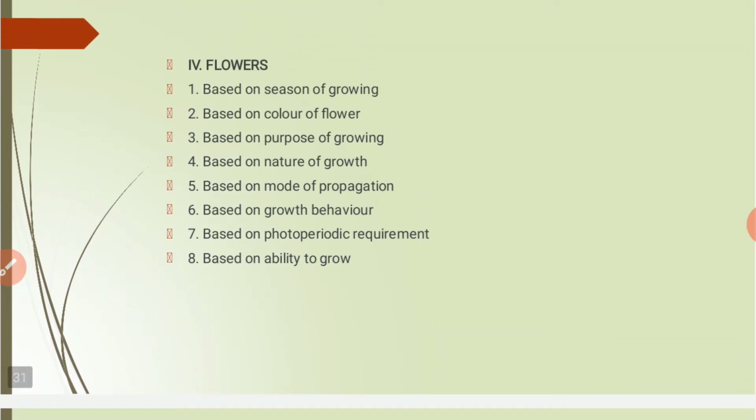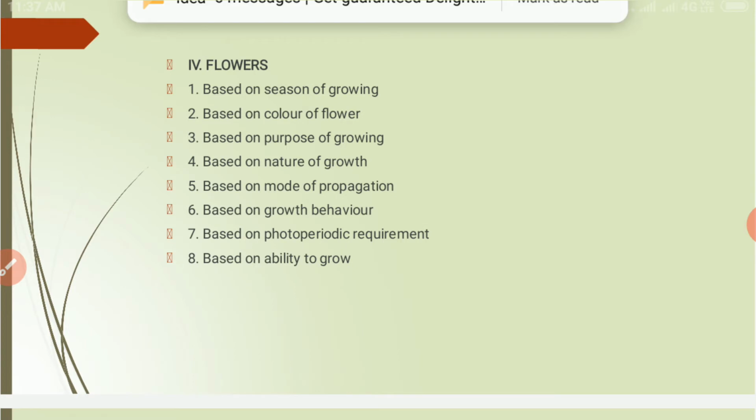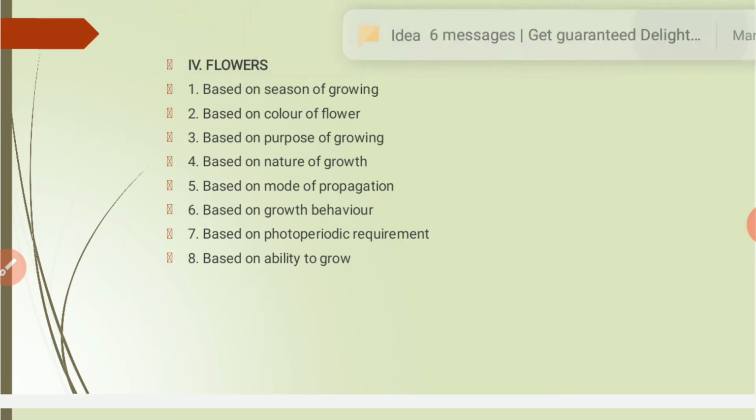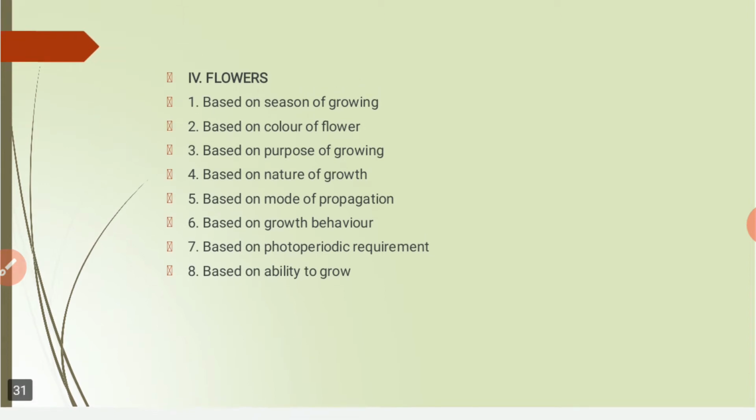This criteria we have already seen in the classification of fruits, that is based on the season of growing, which is classified again as winter, summer and rainy.